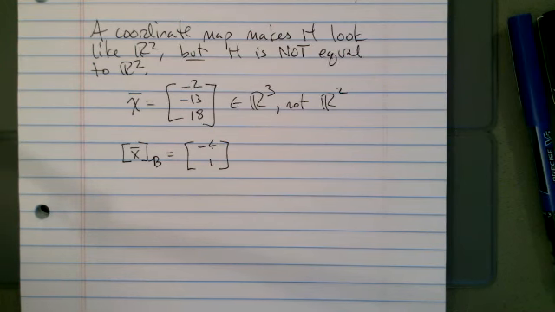A plane in R3 is not equal to R2. It is super close to R2. In fact, I can think of it as R2, but they are most definitely not equal. Everything in that plane still has 3 coordinates in R3, not 2 coordinates in R2. That make sense?